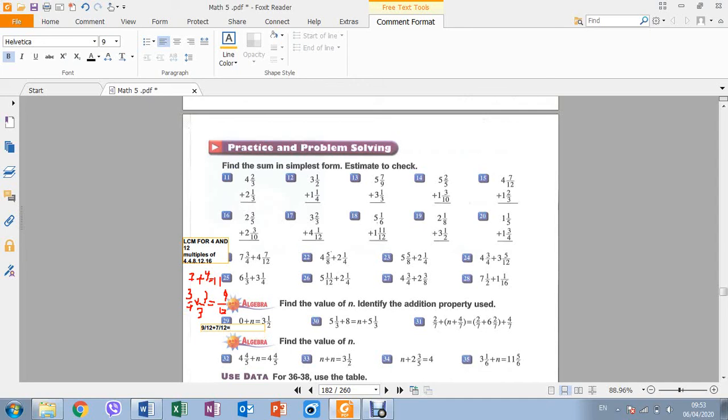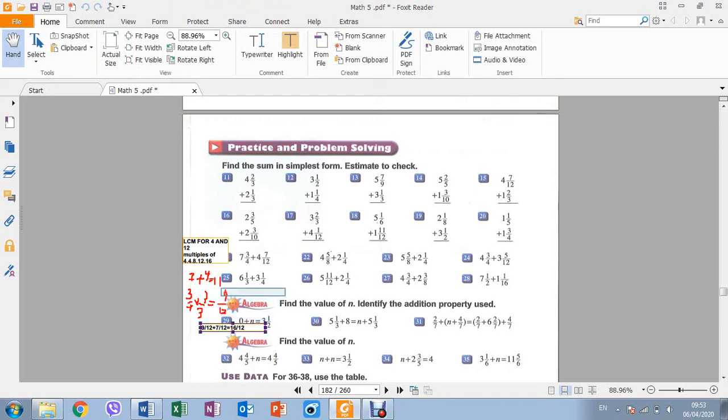Equal to, we have the same denominator, so 9 plus 7 equal to what? 16. 16/12. Yes, we have 16/12. This is the answer of this one.